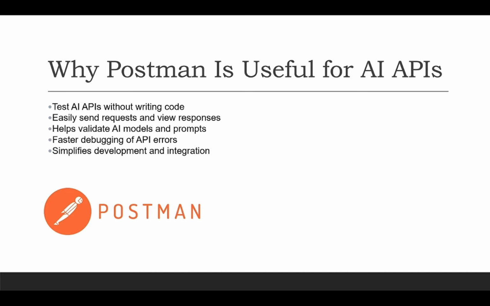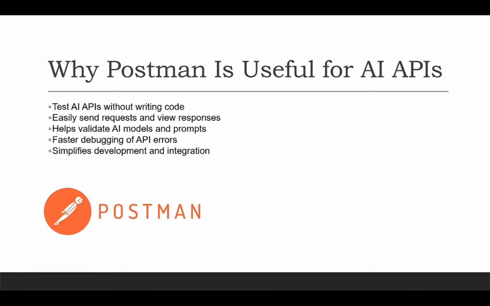You just need to get the CURL and create your request, put your credentials, and it will run and give the responses in the response window. It helps validate AI models and prompts, and we can do faster debugging of API errors with Postman. So it is basically a very simple tool which we can use to test the APIs.